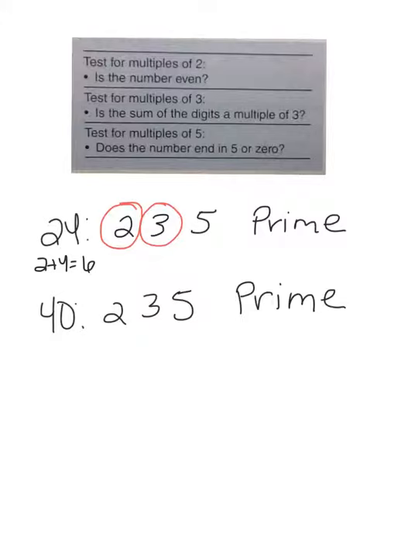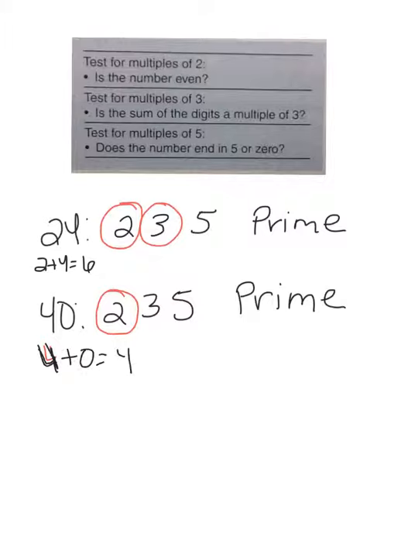40. The first thing I'm going to do is my test for 2. Is the number even? Yes. It's 0, so it is a multiple of 2. Next, I'll do my test for 3, and here I find the sum of its digits. 4 plus 0 equals 4.